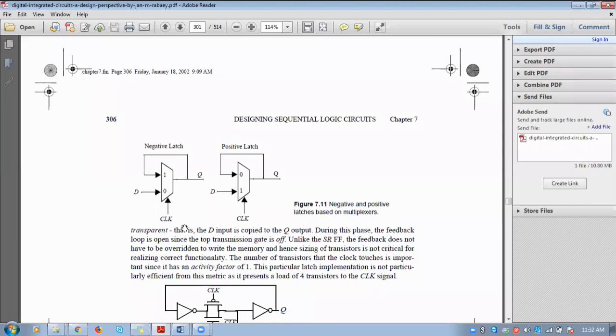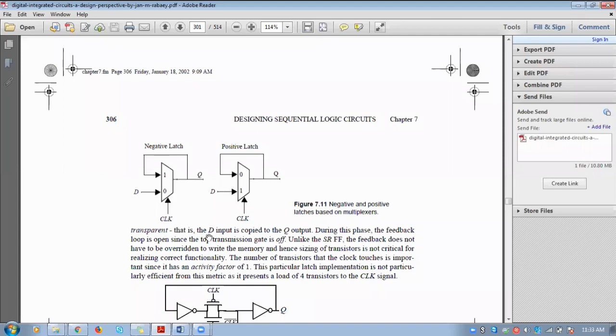In the second case, when I am applying logic 1 to the negative latch, what is happening here? You see, a feedback path is connected to the logic 1 input. So when I am applying logic 1, the previous value of your output gets stored. It will be in a feedback loop, inside the loop only.